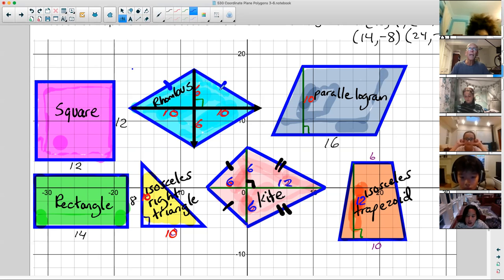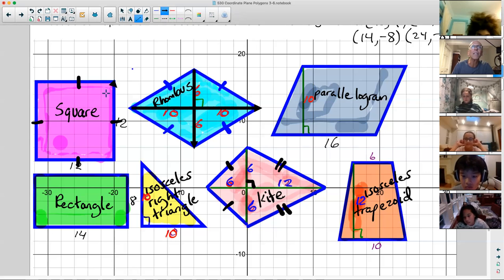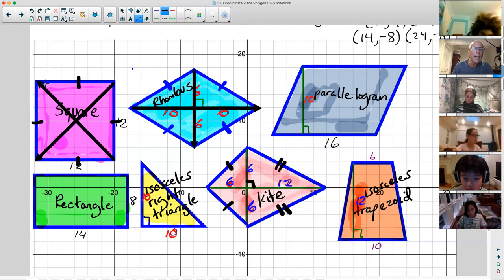Doesn't a rhombus have 4 equal sides? Yes. Doesn't a square have 4 equal sides? Yes. So aren't all squares rhombuses? Yes. So isn't Adalia also correct? If all squares are rhombuses, their diagonals must form right angles.